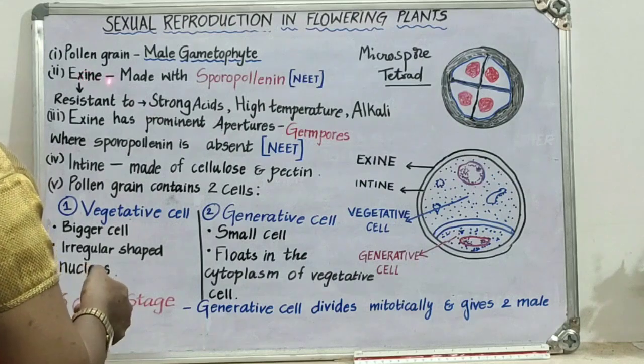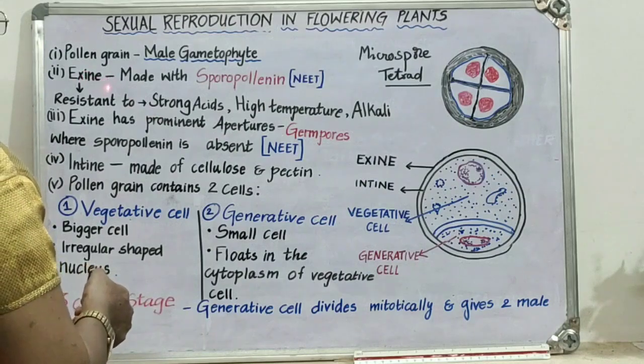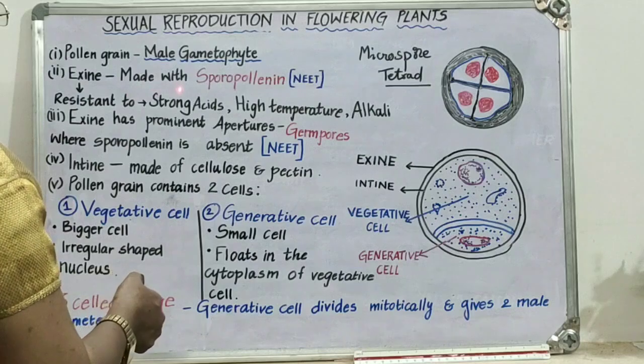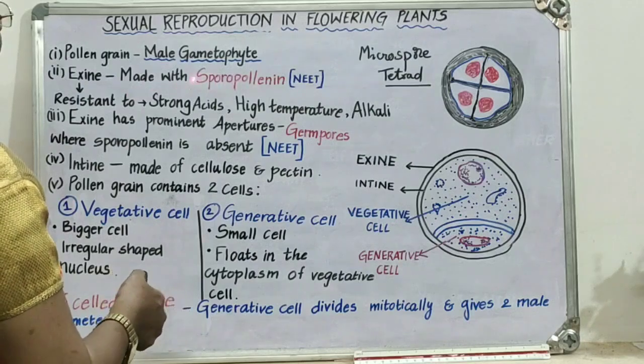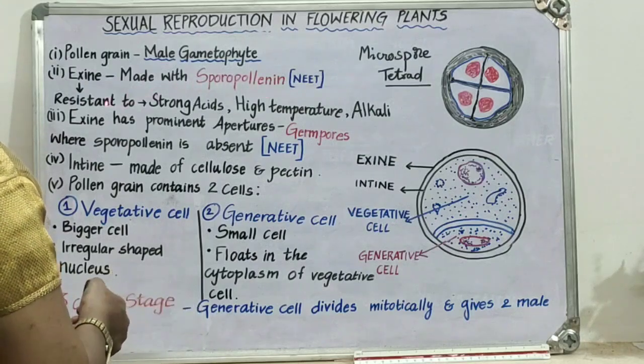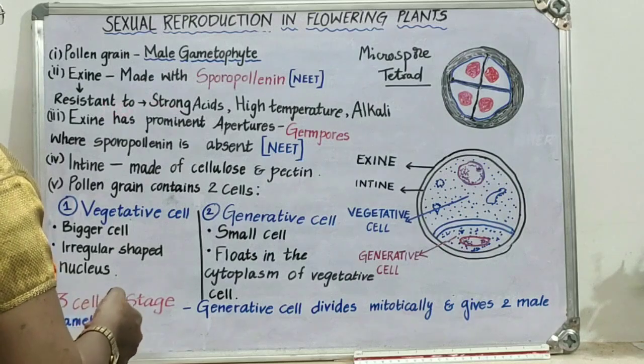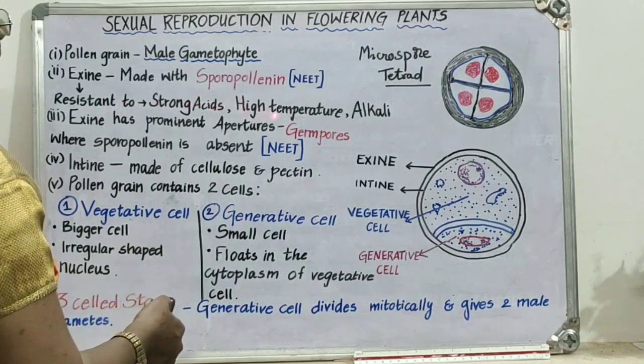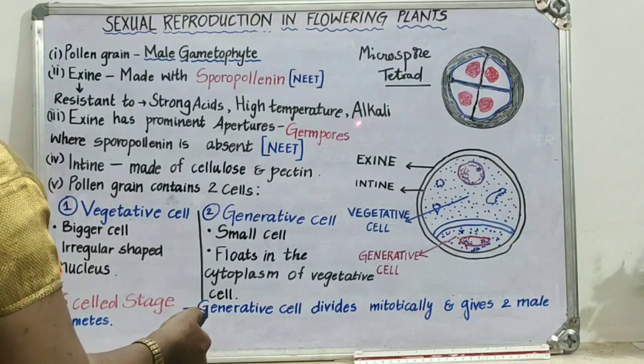That is the importance of exine. Because it is made with sporopollenin, because of this substance only, it has resistance to strong acids, high temperature, and alkali.